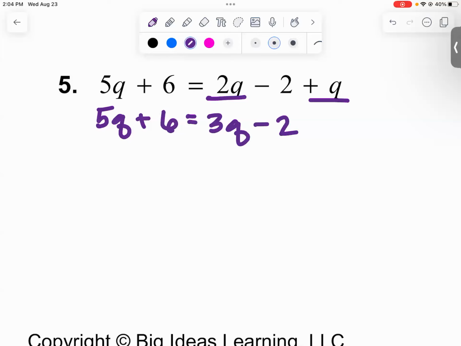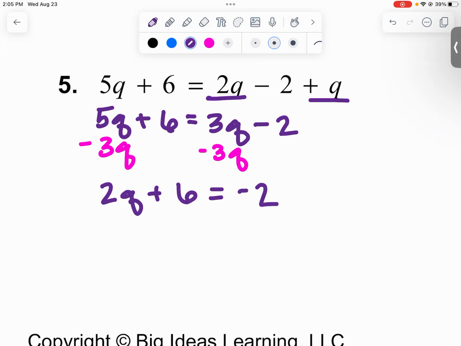Now, if we want the Q's on the left, Cassie, what do we need to do with 3Q? How do we get it over to the other side? Yeah, we would subtract it. So we have 2Q plus 6 equals negative 2.